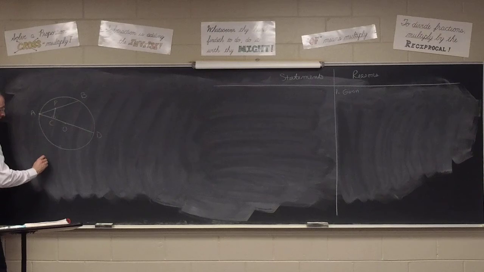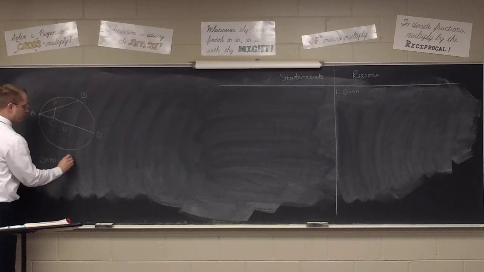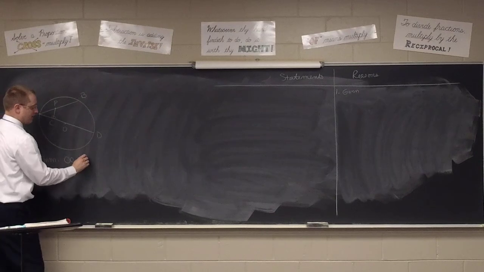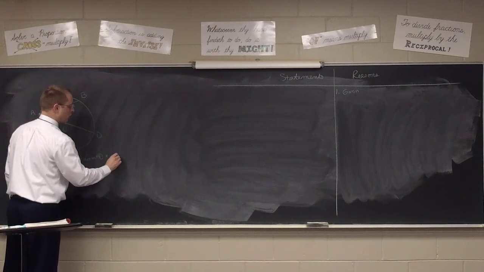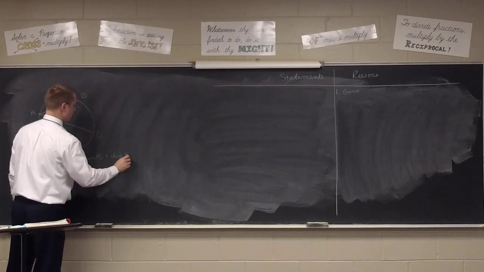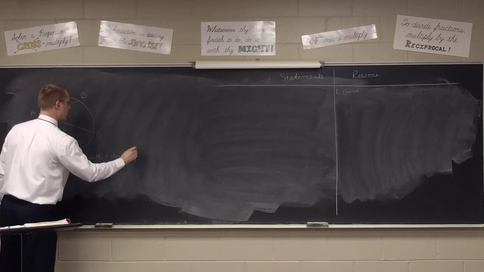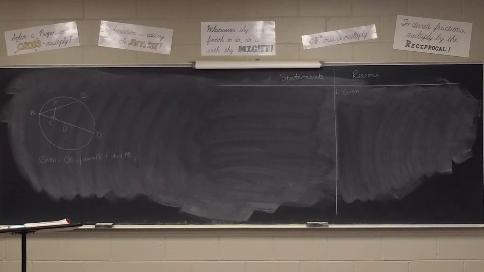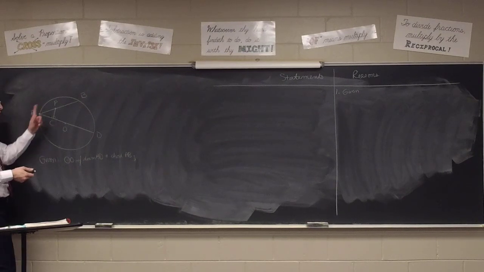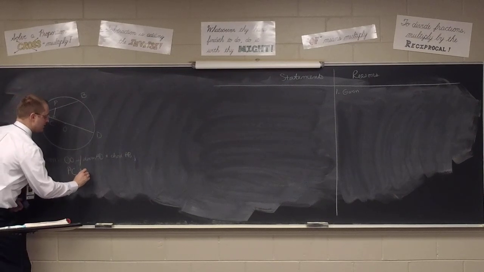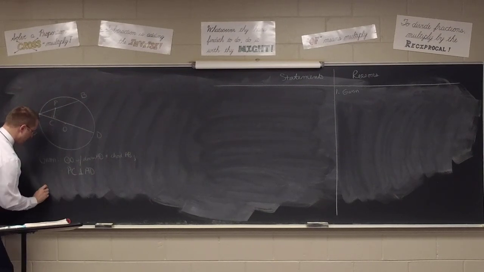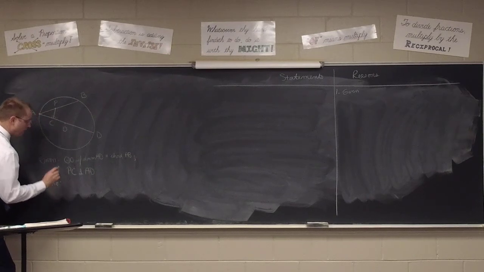All right, given. Well, what did I draw first? Circle O, with diameter AD and chord AB. I could say P is any point in AB. I'm lazy, but I do need to specify that PC, class, is perpendicular to AD. And then we want to prove, what again, Kendall?